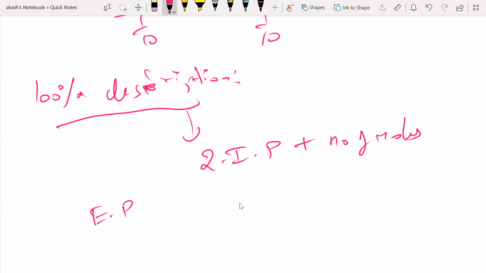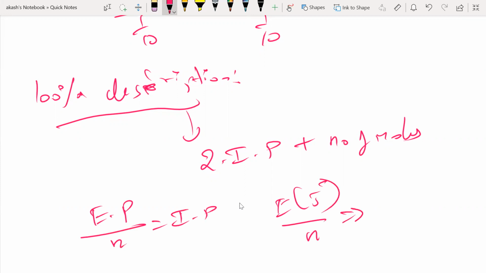If I write any extensive property EP and divide by the number of moles, it becomes an intensive property. For example, if I have energy in joules and divide by the number of moles, it becomes energy per mole, with unit kilojoule per mole. Here n is the number of moles.